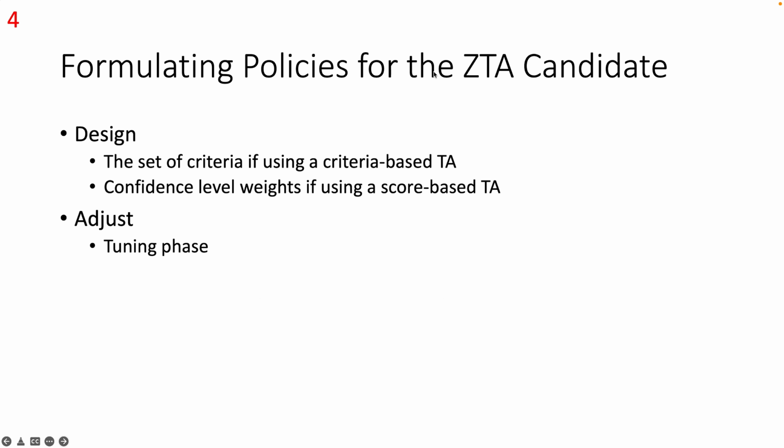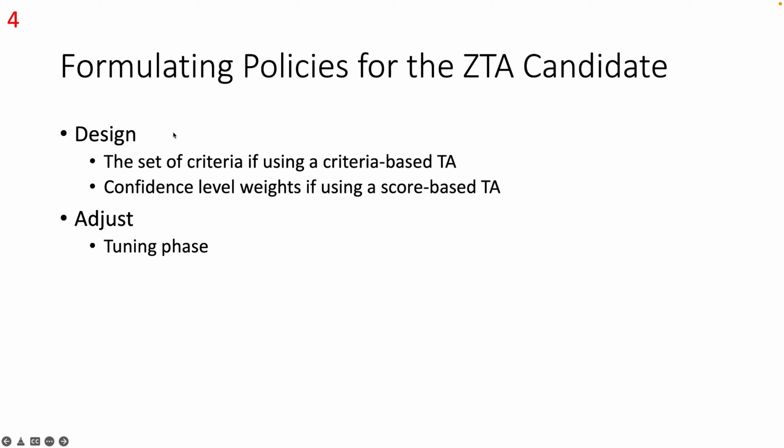So, after the assessment, the first step, formulating policy. After all the assets, workflows, and resources are identified, the enterprise administrator then needs to make the policy for the resources used in the candidate zero trust architecture.